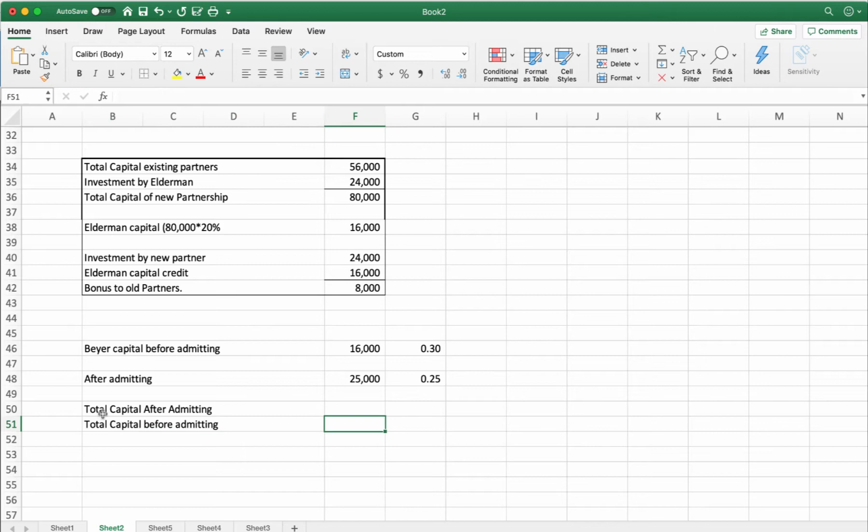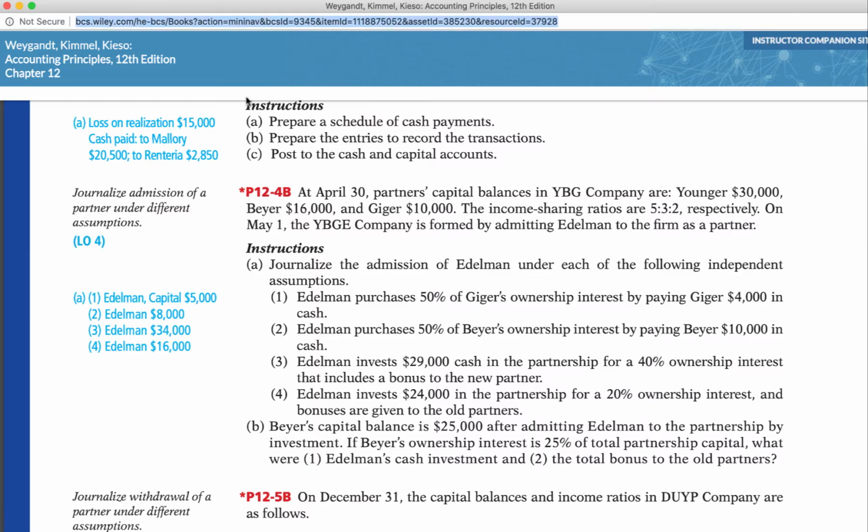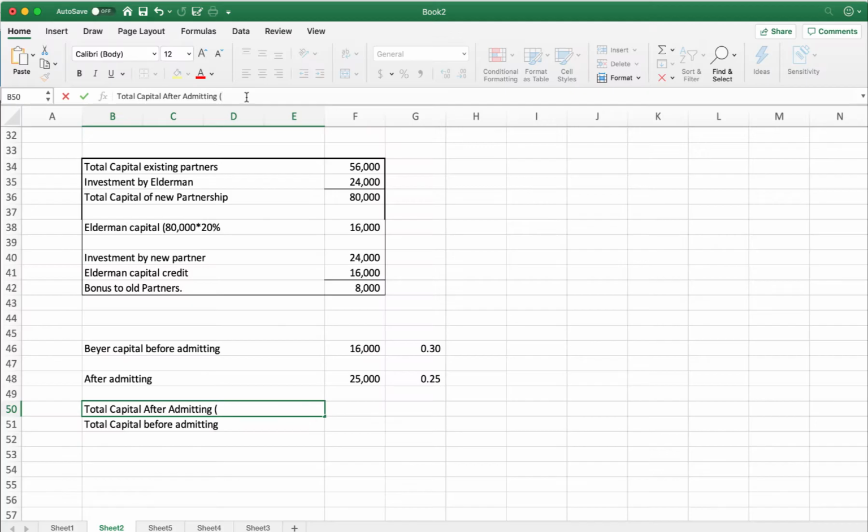Okay, that's easy for us to do. In order to figure out what the total capital is after the admittance, we need to recognize that Bayer's total capital received after admission is our $25,000.